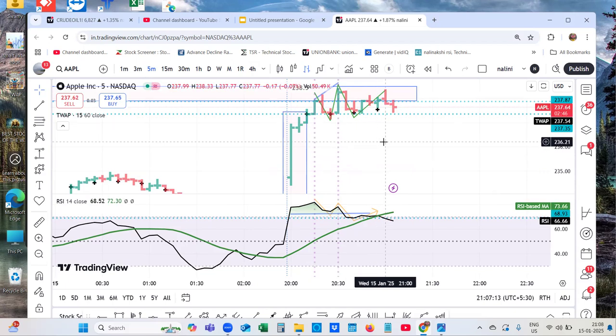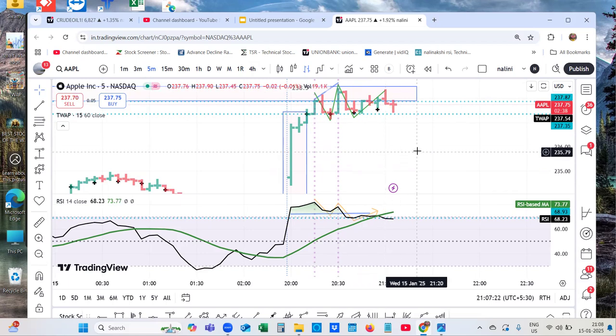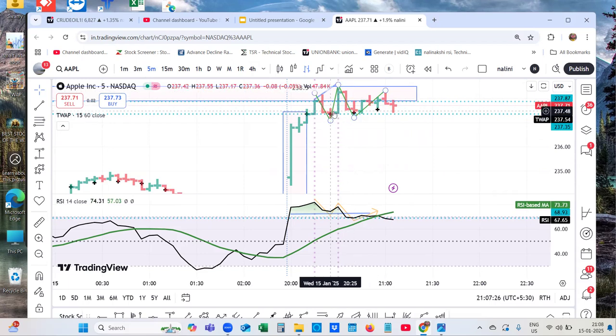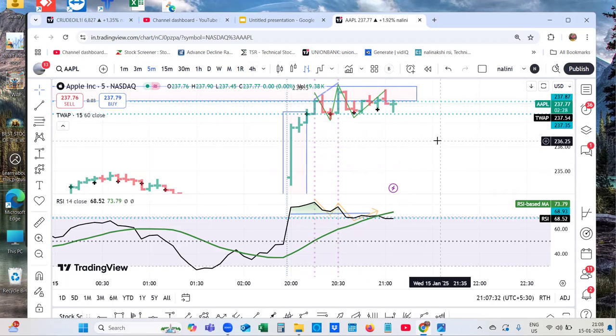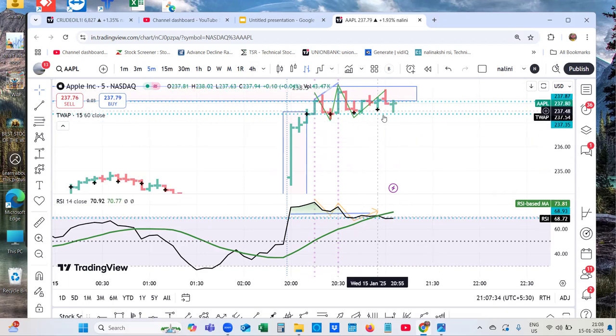Do not make haste in your entry because early entry will cost you very much. See, price has not come below this level at all, this zone. See how the price is moving up and down, up and down.